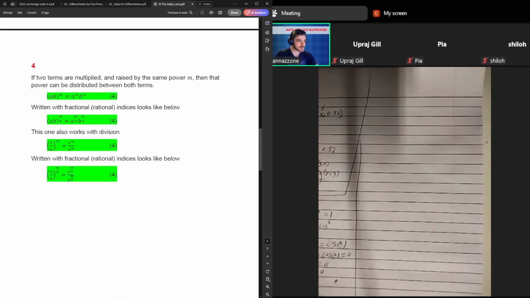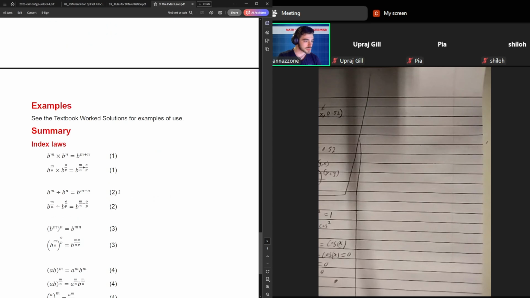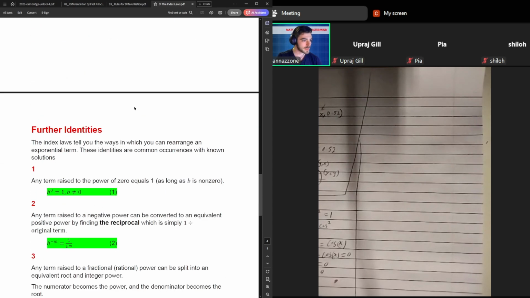If you have a set of multiplications or divisions that are all raised to the same power, then that power can be distributed into both of those products or both of those divisors. That's basic index laws. You can use those to solve all sorts of questions from that particular chapter.